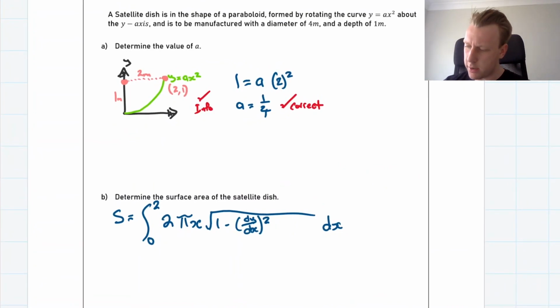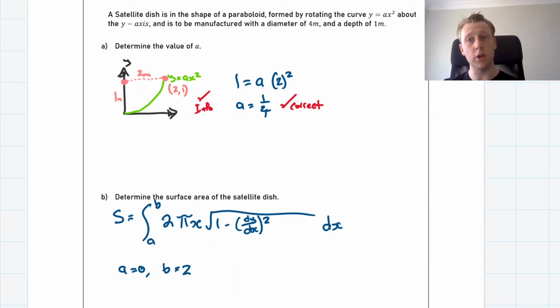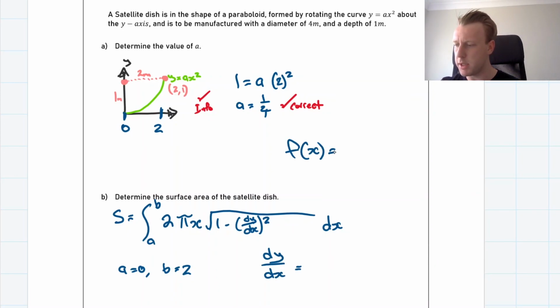We've recognized, well actually I might just keep it general here. This is A and this is B. So we've recognized that A is equal to 0 and B is equal to 2 because that is the total distance along my x here from 0 to 2. And my dy dx is going to be the derivative of my function, which is a quarter x squared. So it's going to give me 2 times that, so you're going to get a half x.